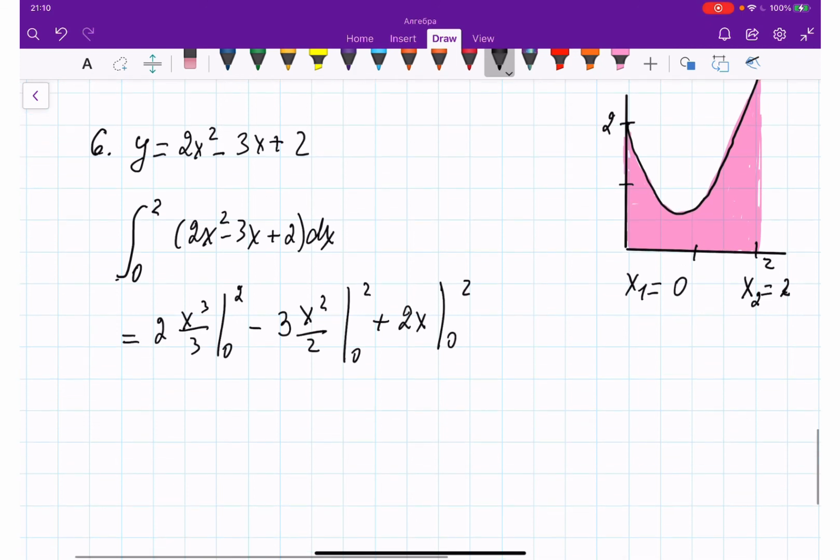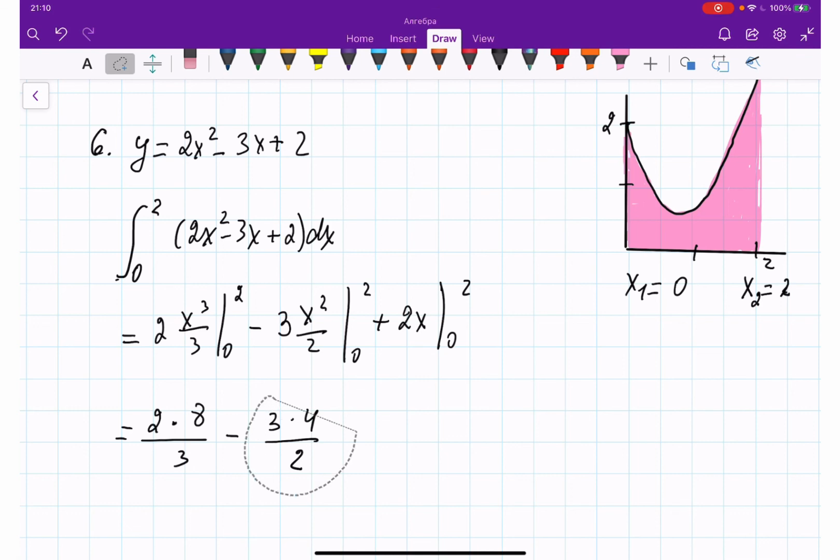All right, so let's see what we get. Twice 2 to the power 3 is going to be 8, right, over 3, minus 3 times 2 to the power 2, it's going to be 4, divided by 2. Why do I skip these zeros? Because everything is going to be 0, so I don't put these zeros there. Unless you want me to, okay, I'll put it, maybe for readability it would be easier.